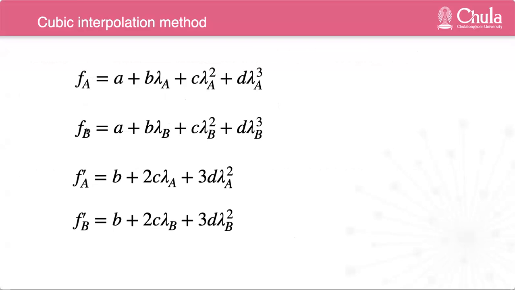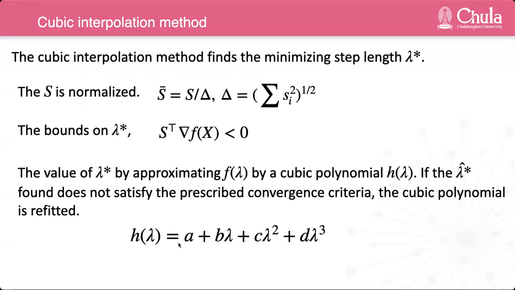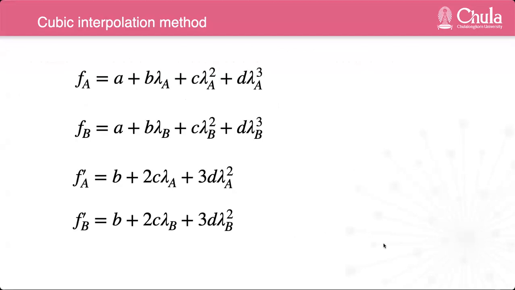We need at least 4 pieces of information, because we are going to find these 4 parameters. So we need only 2 points, but the information we need is the objective function and the derivative at those 2 points.